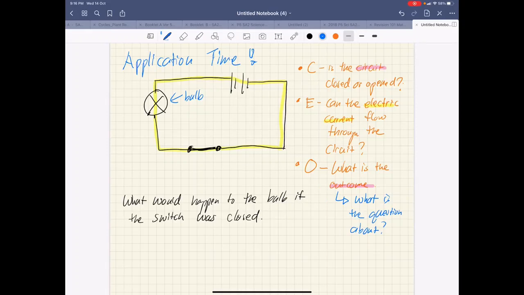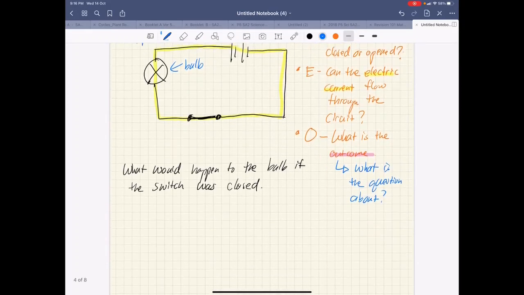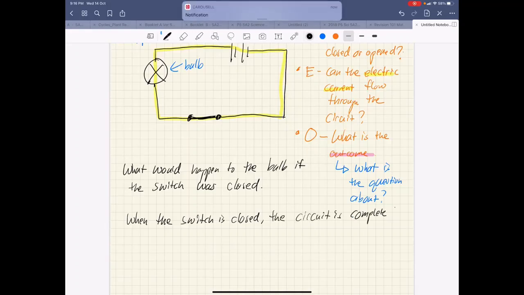So let's go ahead and see what your answer looks like. The first thing I'm going to talk about is closed or open, right? When the switch is closed, the circuit is complete. Or I can use another word, closed.